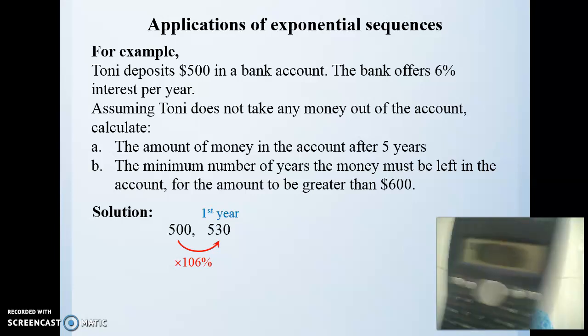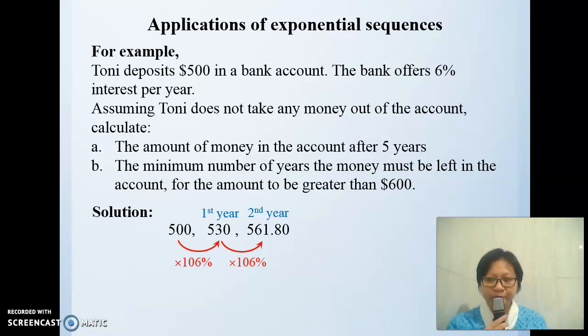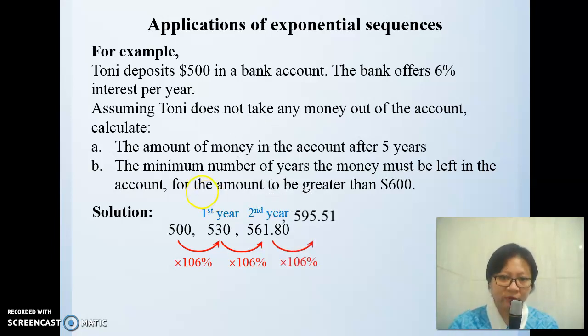Okay, next, at the end of the second year, Tony will gain $561.80. Next, at the end of the third year, Tony will gain $595.51.